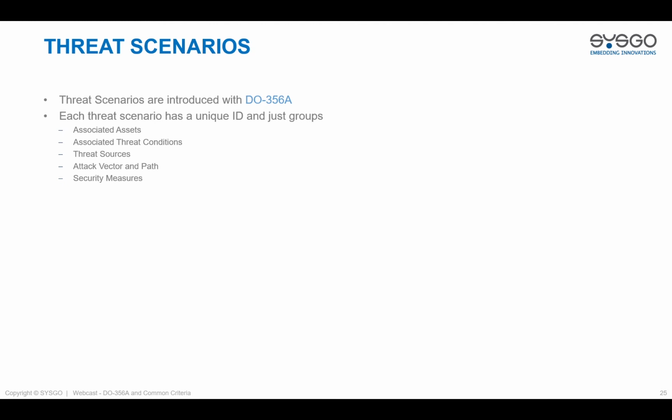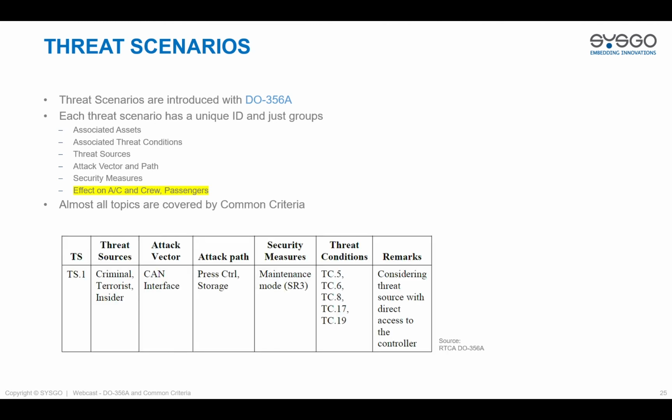All these topics are actually covered by Common Criteria. There's one which, of course, cannot be covered by Common Criteria, and this is the effect on the air condition and crew and passengers. So this needs to be tailored in addition to the Common Criteria classes you already may have.